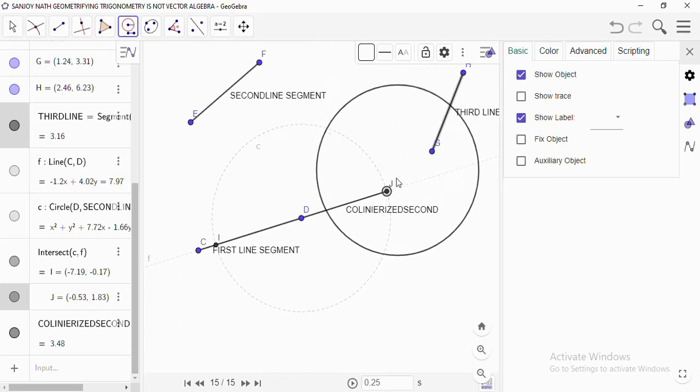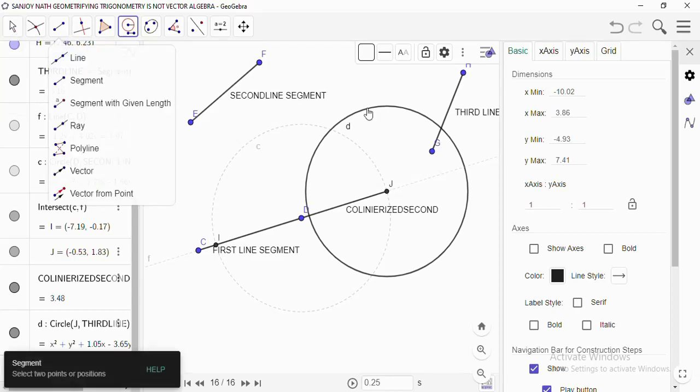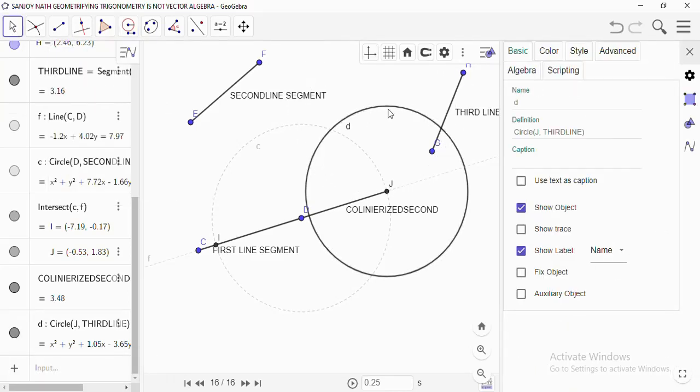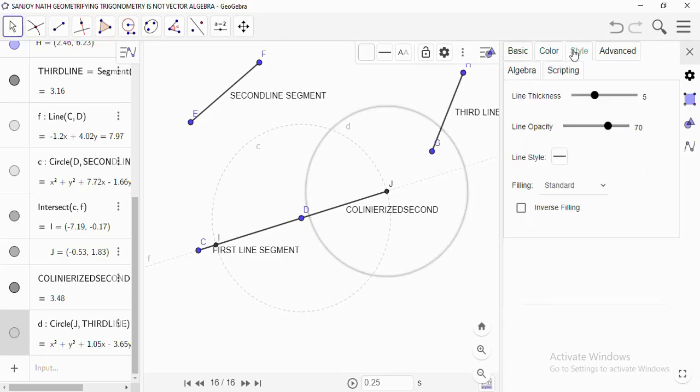So we can put it here, and we are taking this as the reference, and if it is a reference, then its color is set in this way. It's not mandatory, but I am taking it as a convention.